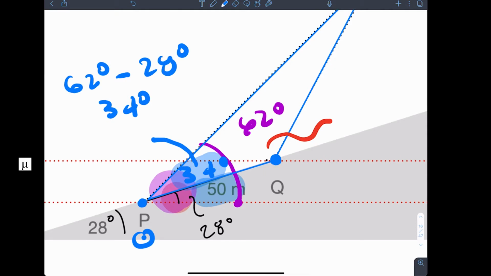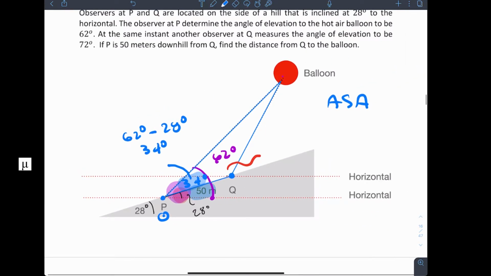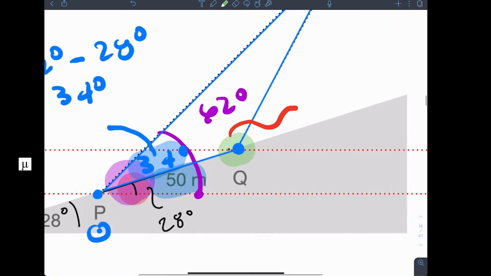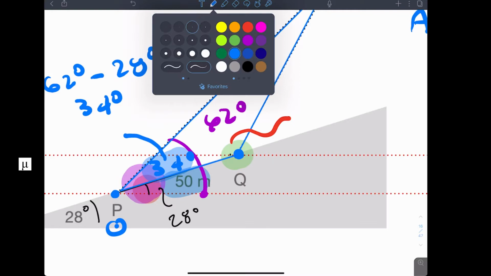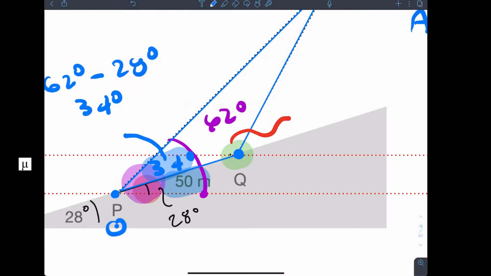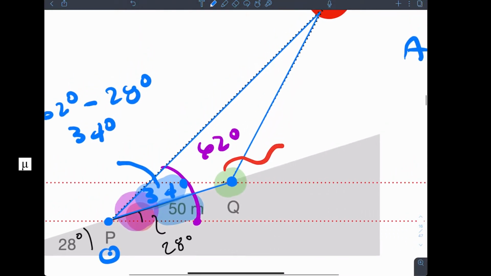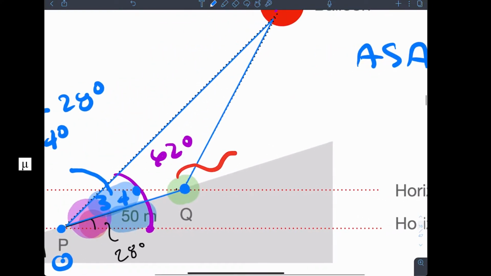Take a look. Now, what else do they say? At that same instant, observer at Q measures the angle of elevation to be what? 72 degrees. So at Q, the angle of elevation, remember this, you have to have a horizontal. And it's the line of sight. It's the angle between the horizontal and the object.